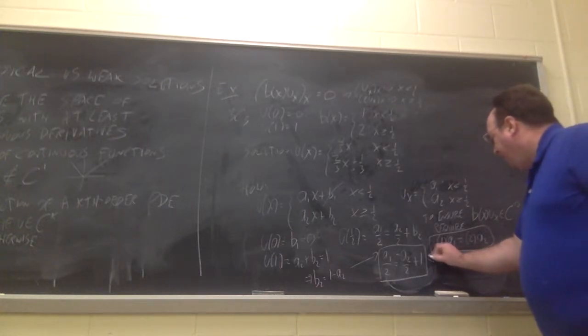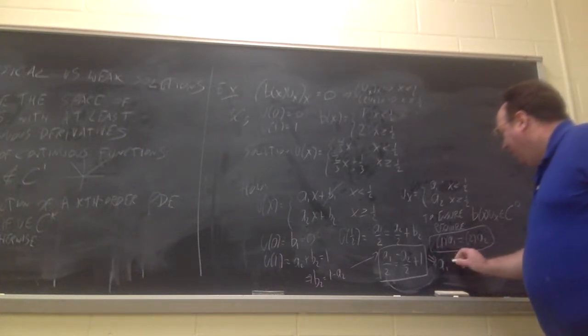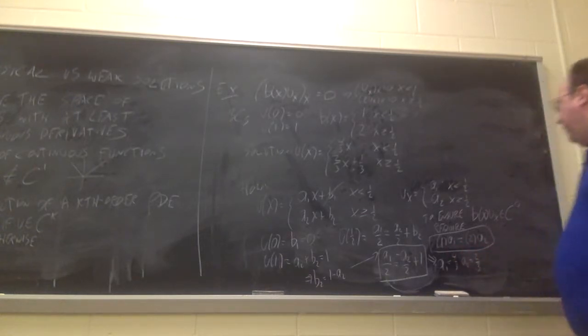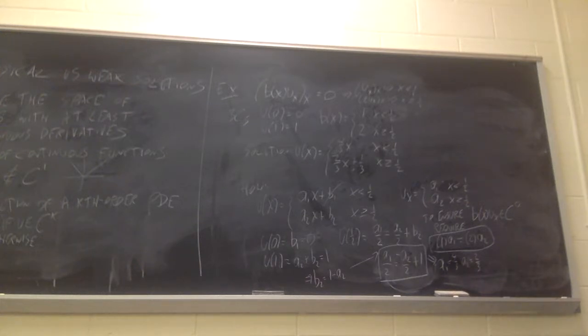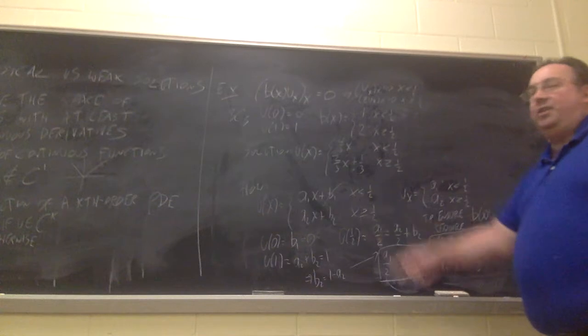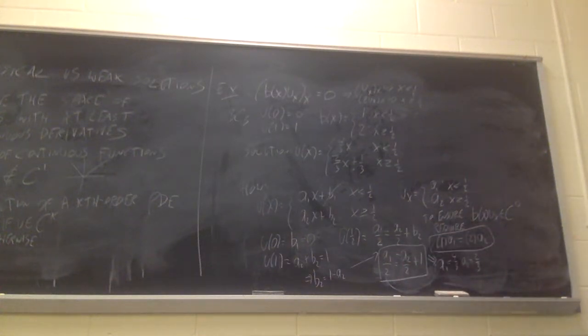So these two together, I won't do the algebra, it gives a1 equal to 4/3, a2 equal to 2/3. And then from there, you get b2 equal to 1/3. All right. Okay.